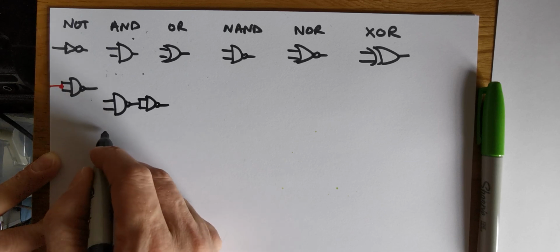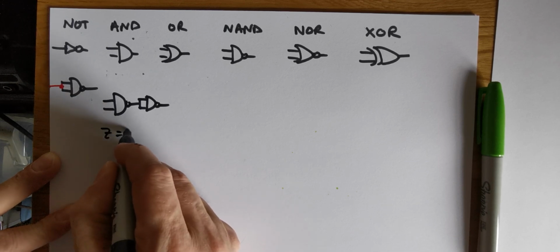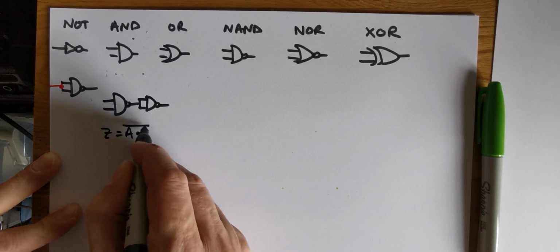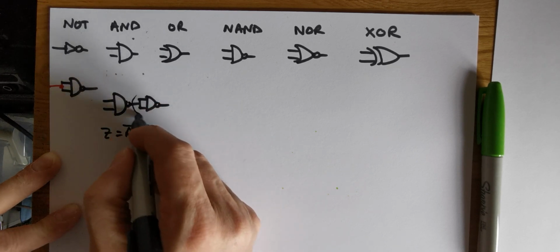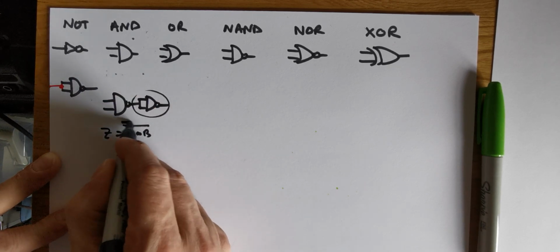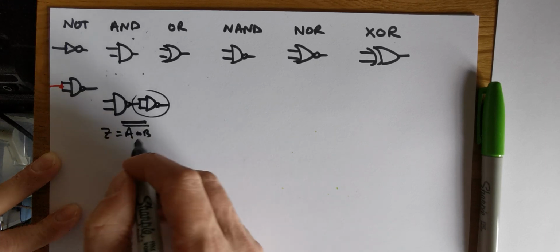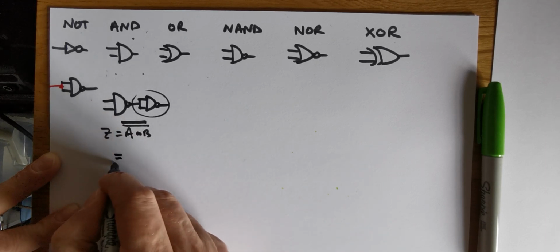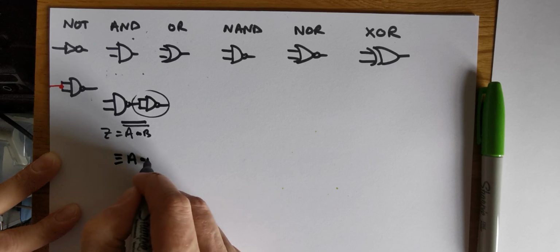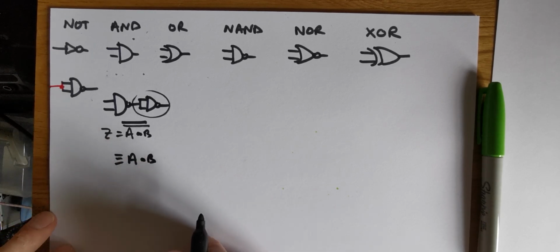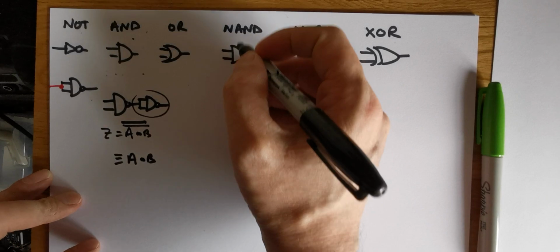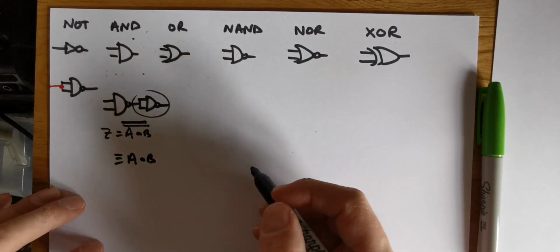That's already Z equals A NAND B, and then what we've done by putting this on it is we've put another bar on there. That's a double inversion. Double inversions can just be ignored, so that's the same as A and B. Okay. Obviously, we don't need to worry about the NAND equivalence of a NAND gate.